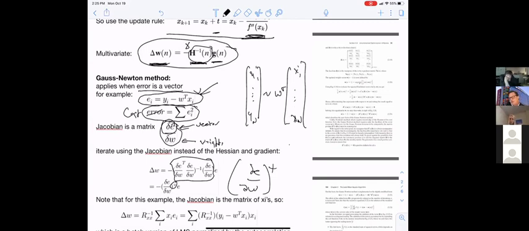And the reason I'm saying that is because it's important to think about what's happening. If you think in some general sense, I want to relate W to E, right?